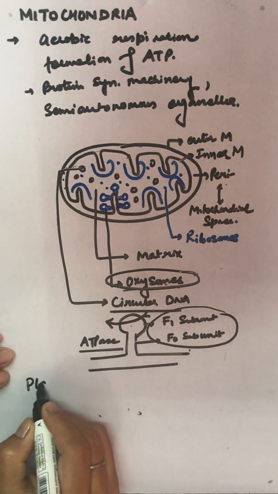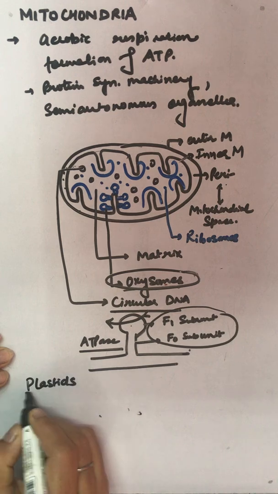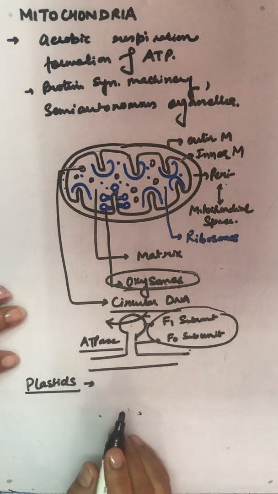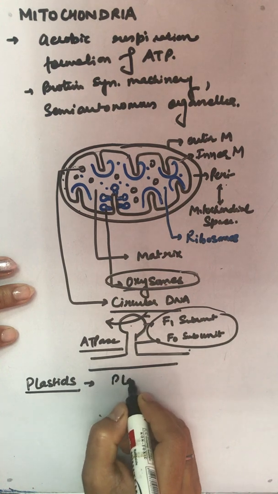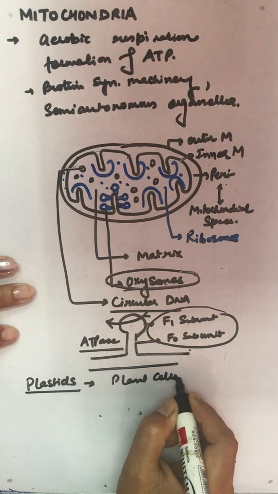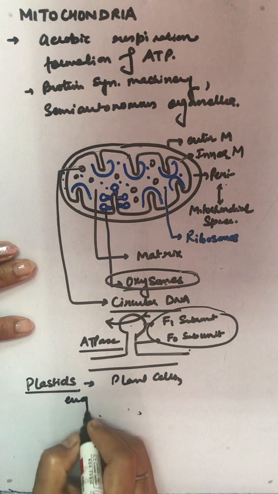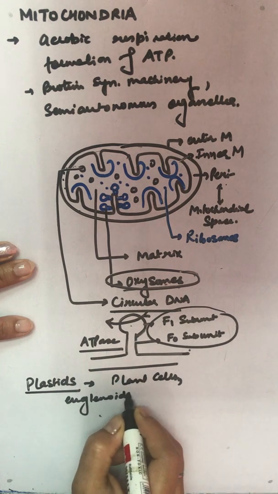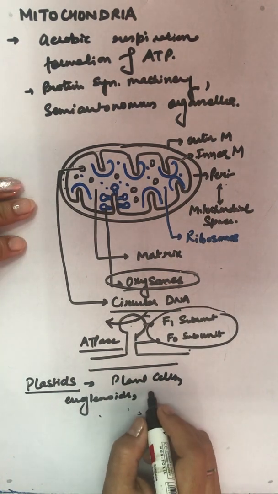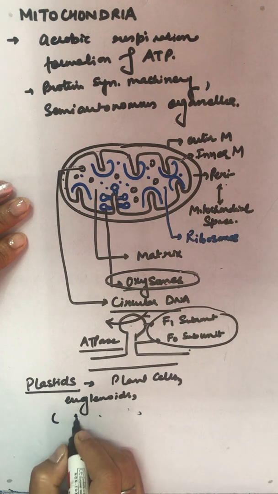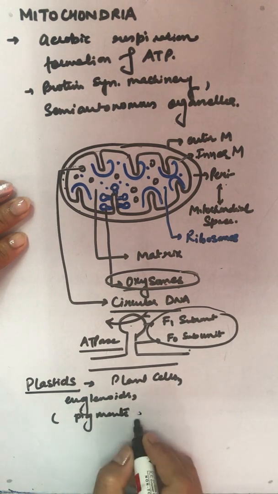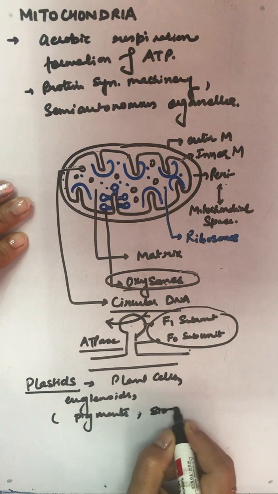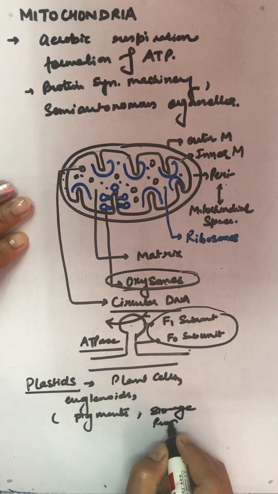Then are plastids. Double membrane bound organelles of different shapes but mainly found in plant cells, euglenoids, responsible for pigments because they contain pigments as well as the storage products.